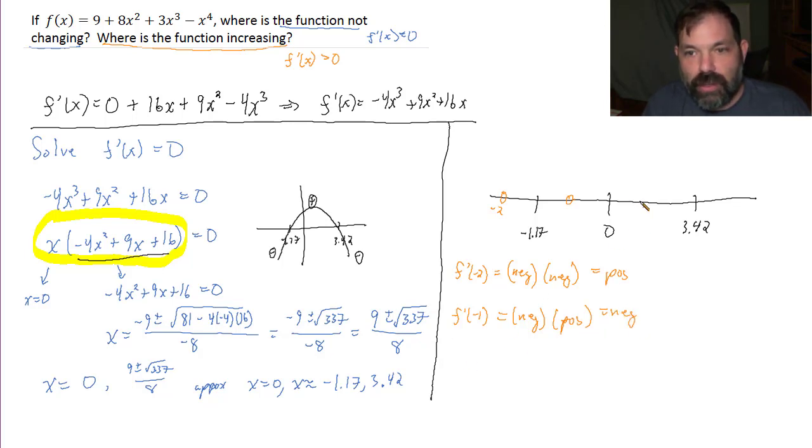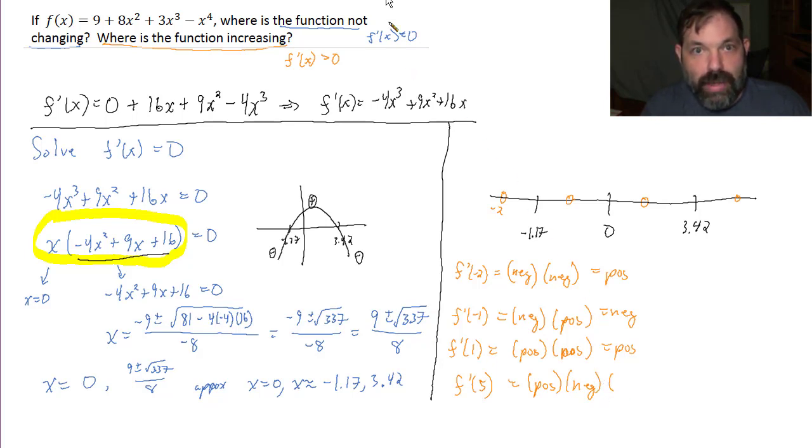Similarly, if I tested, say, 1, f prime at 1 would give me a positive times a positive, which is positive. And finally, how about f prime at 5? F prime at 5 would give me a positive times a negative, which is negative.